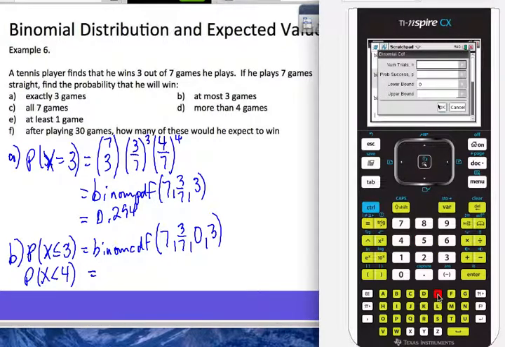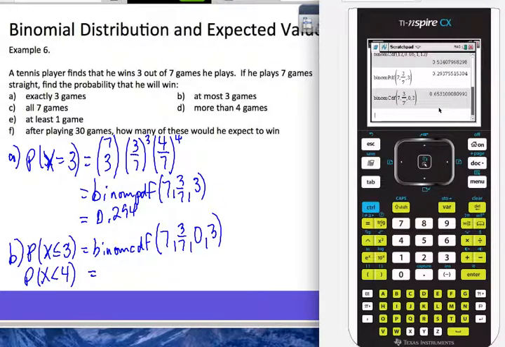The number of trials is again 7, probability of success is 3/7, the lower bound is 0, the upper bound is 3, and we okay it, and we get 0.653.